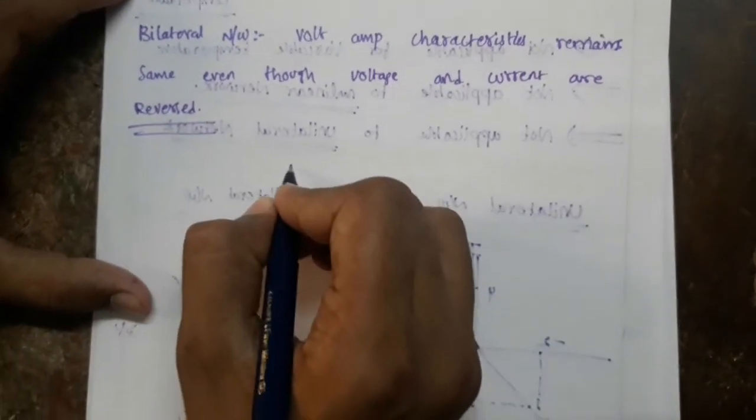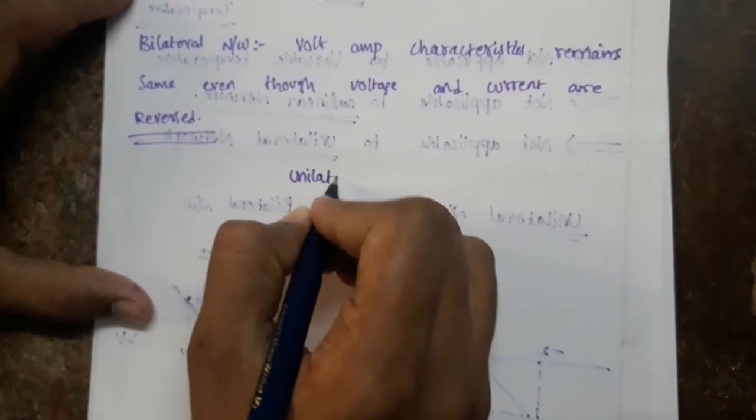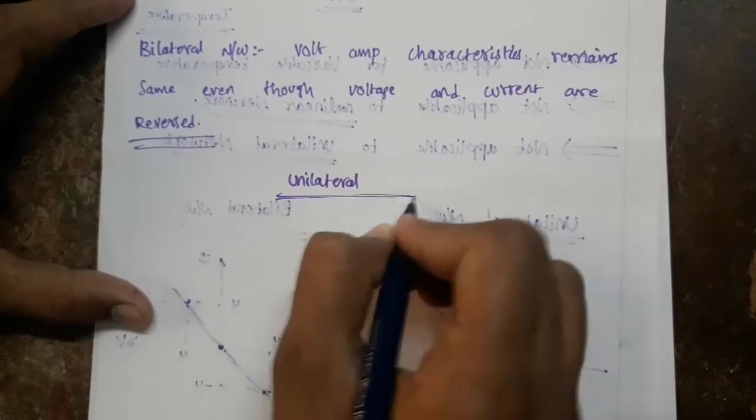For unilateral, it is quite opposite to the bilateral network.